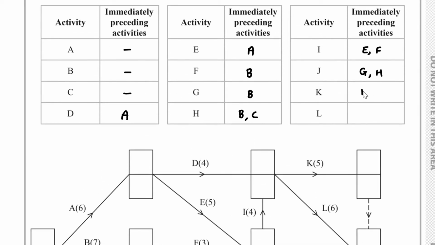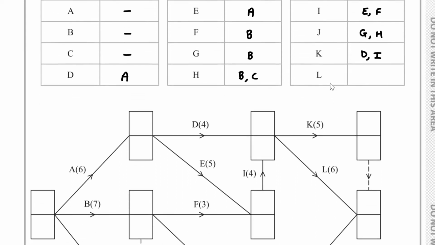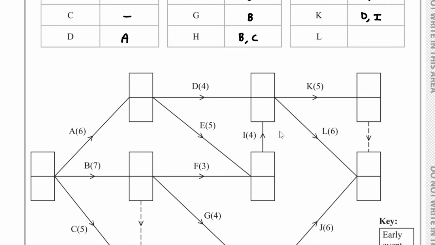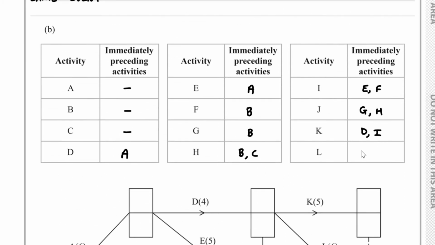So here we have D and I. And if we take a look at L, this depends on D completing and I completing. So again here we have D and I.